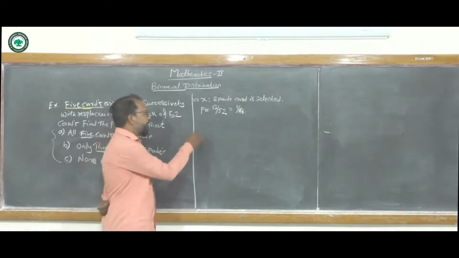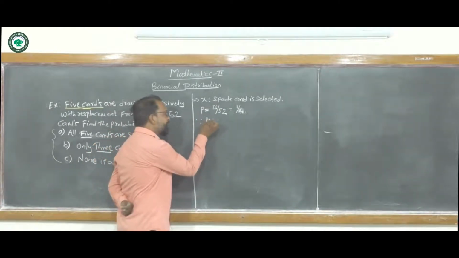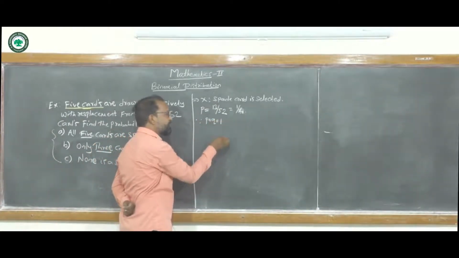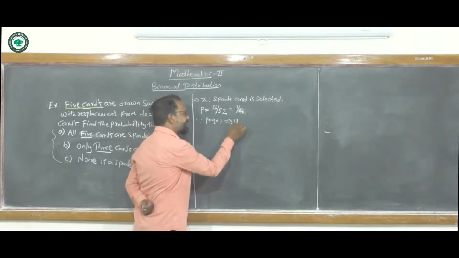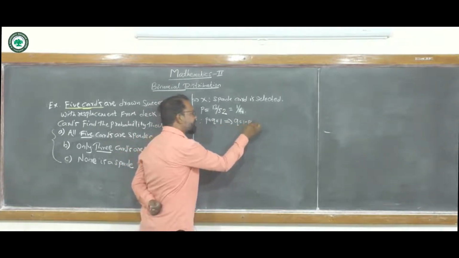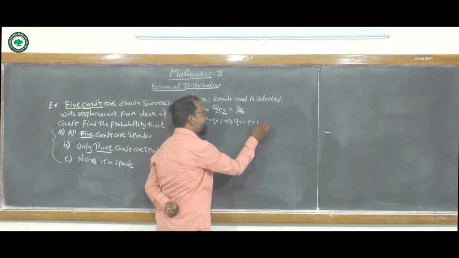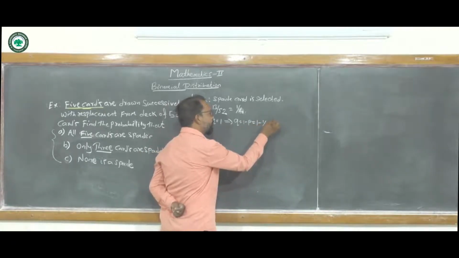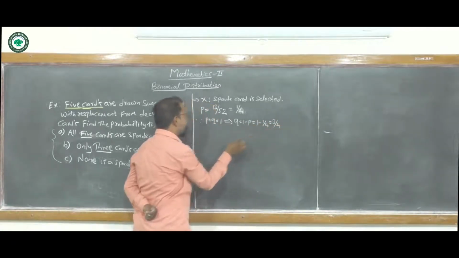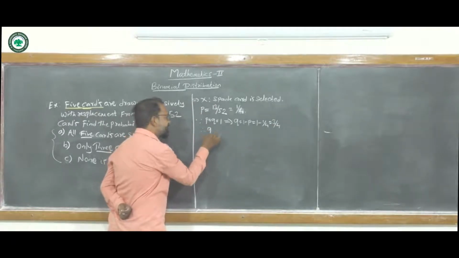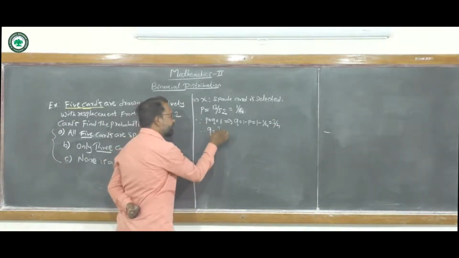Now again we know that since P plus Q equals 1, Q equals 1 minus P, which is equal to 1 minus 1 by 4, which is 3 by 4. So we get Q equals 3 by 4.